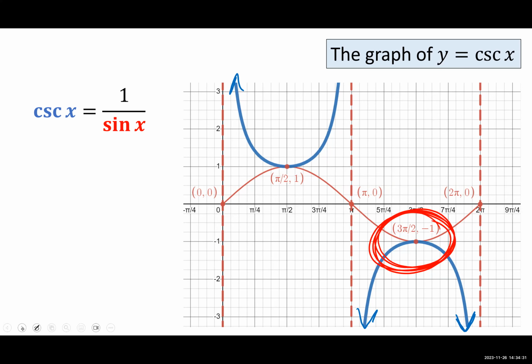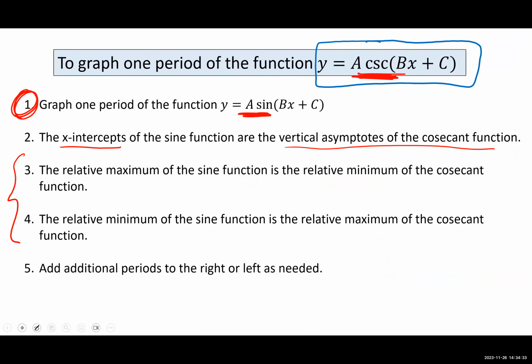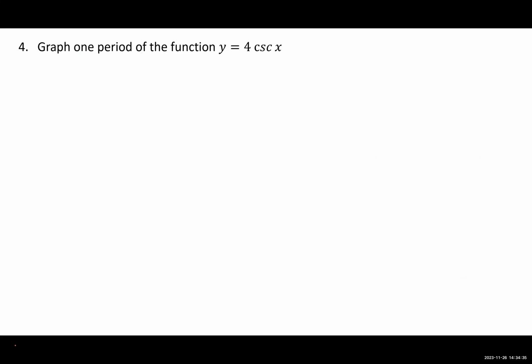All right, so let's see what this looks like when we're graphing a cosecant function. So let's graph one period of the function y equals 4 times the cosecant of x.